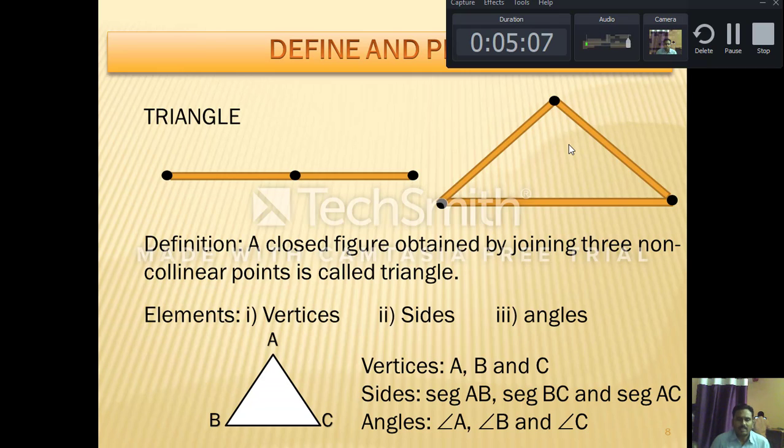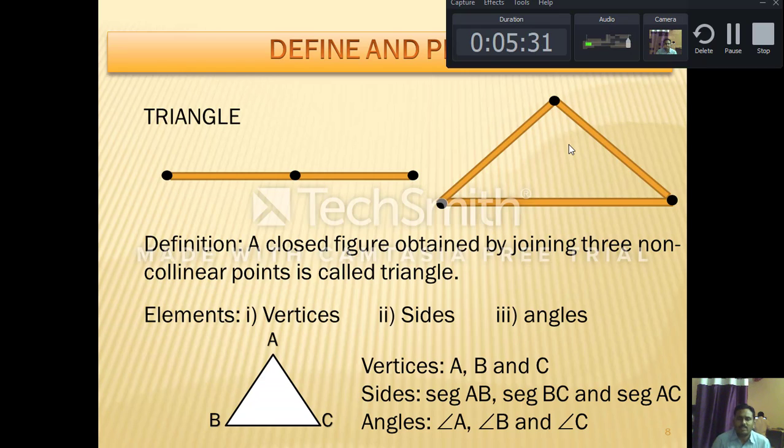In this triangle, there are 3 types of elements. First, vertices. A vertex is nothing but the point of intersection of two segments. So in a triangle there are three vertices. Second, sides.